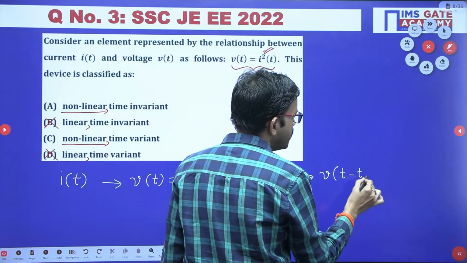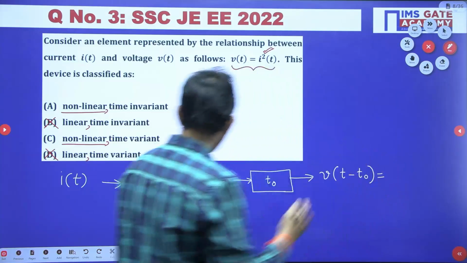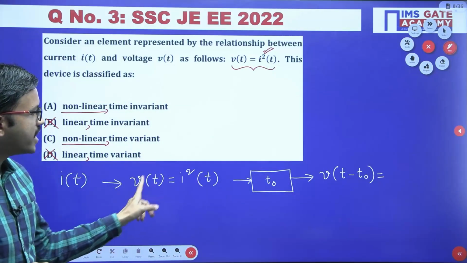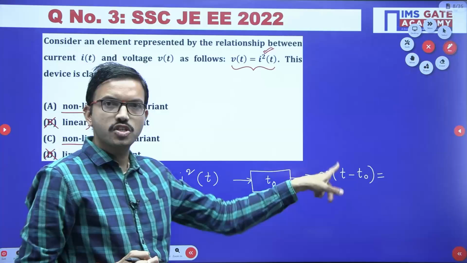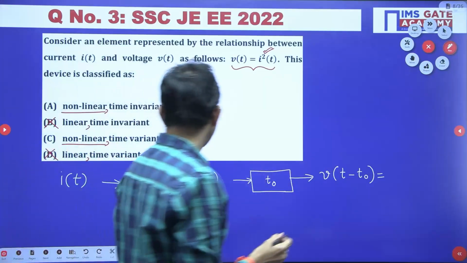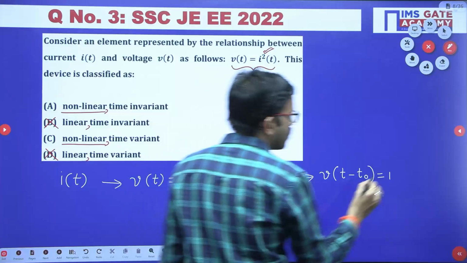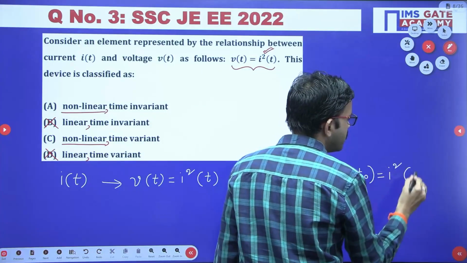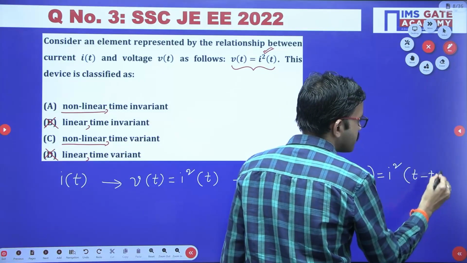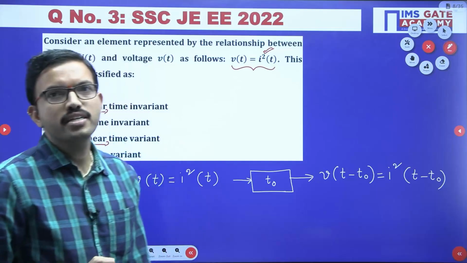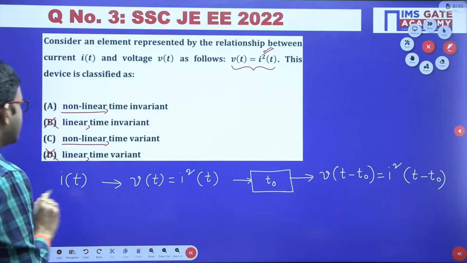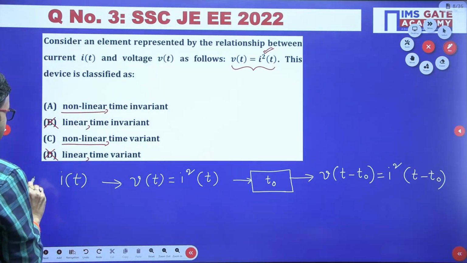On the left and right hand side, in place of t, you substitute t minus t naught. From there you get I square of t minus t naught. This is case 1.